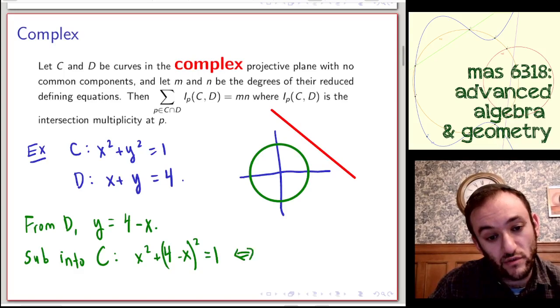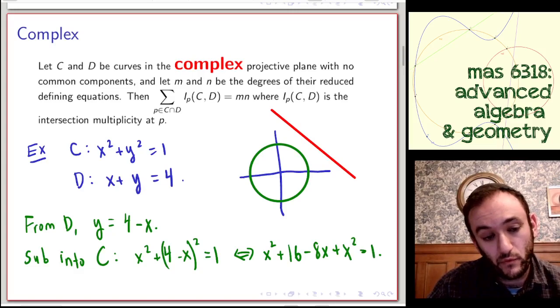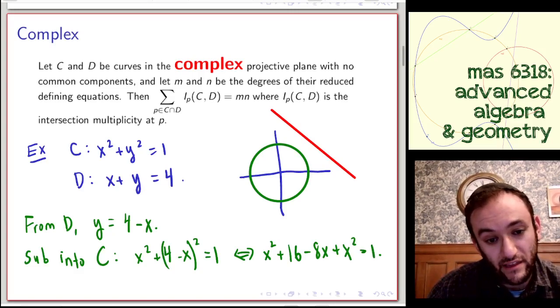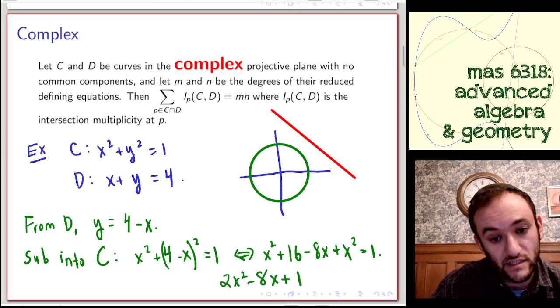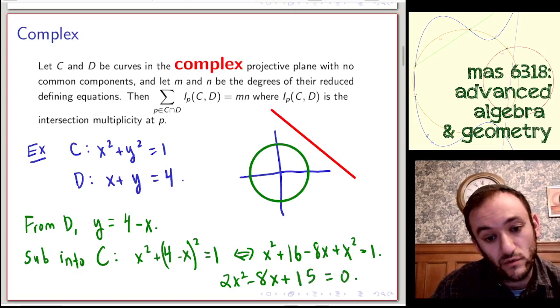And this is equivalent to x squared plus 16 minus 8x plus x squared equals 1. Okay. And gathering these terms together, we'll get 2x squared minus 8x plus 15 equals 0.